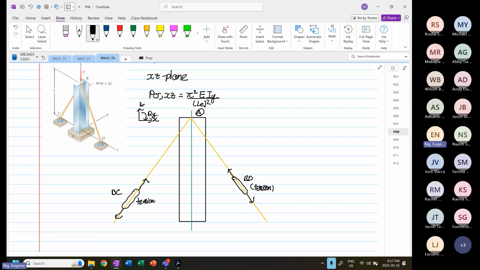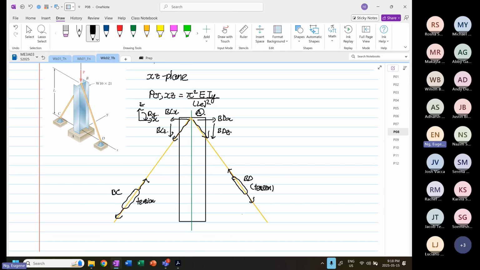At point A, we have a reaction heading this direction. And the rope is inducing a BDX and is also inducing a BDZ. On the other side, you have two components also. You have your BCX and you have BCZ. Okay.